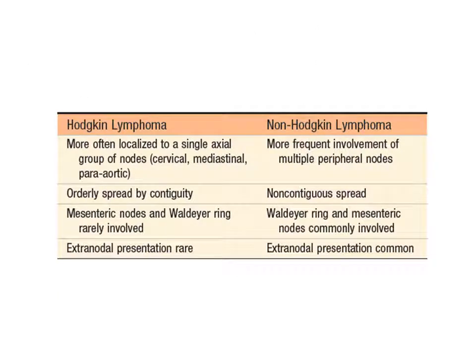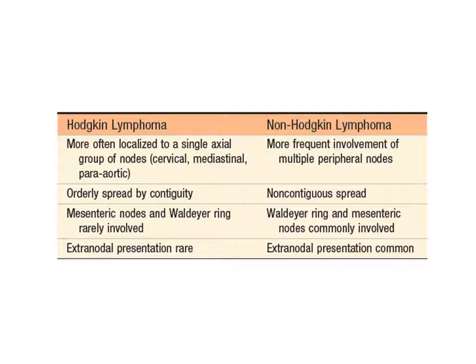Now these are some differences. This table just shows you what is Hodgkin lymphoma and what is non-Hodgkin lymphoma. Their clinical features are a bit different. Hodgkin lymphoma is more often localized to a single axial group of nodes. These may be cervical, mediastinal or periaortic.